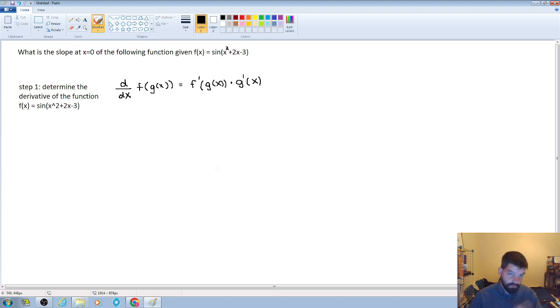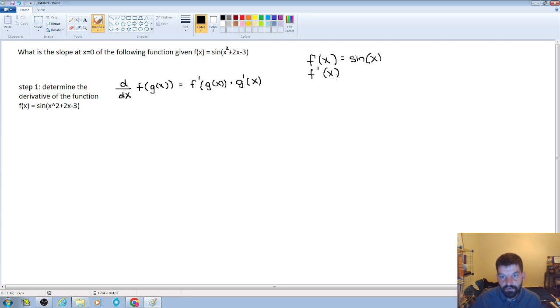But another way that you can approach this is by letting this be two different functions, f and g, just like the formula. But we can make a table here to have the functions and their associated derivatives. So if I set sine of x squared plus 2x minus 3 as two functions where f of x is going to be equal to the sine of x, then I can determine its derivative, and the derivative of sine of x is going to be cosine of x.